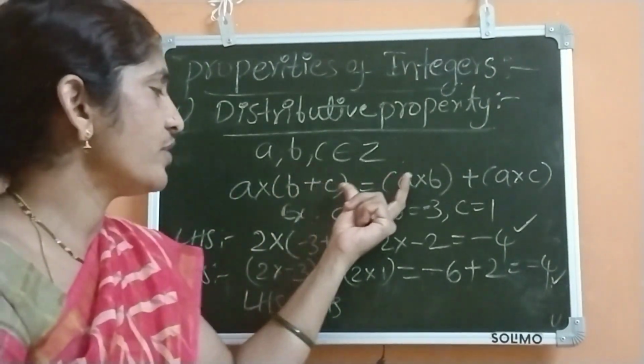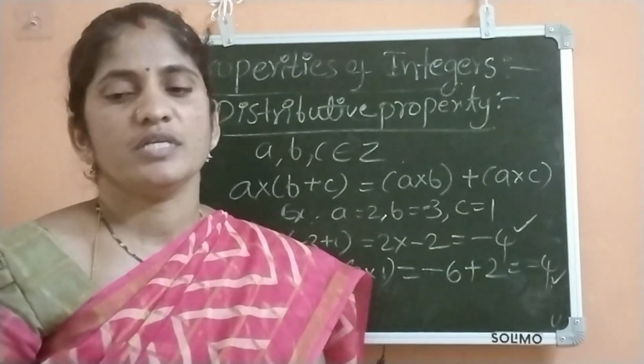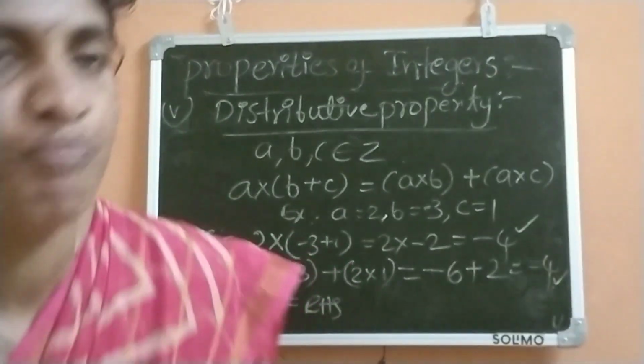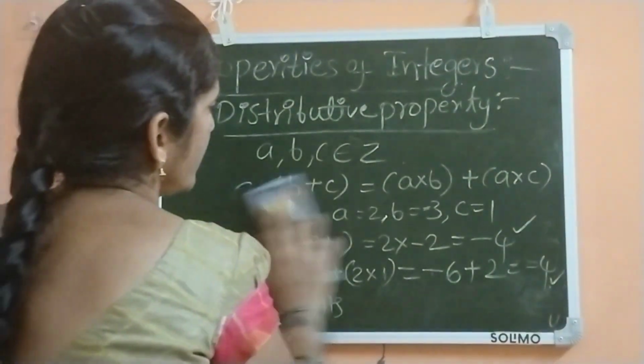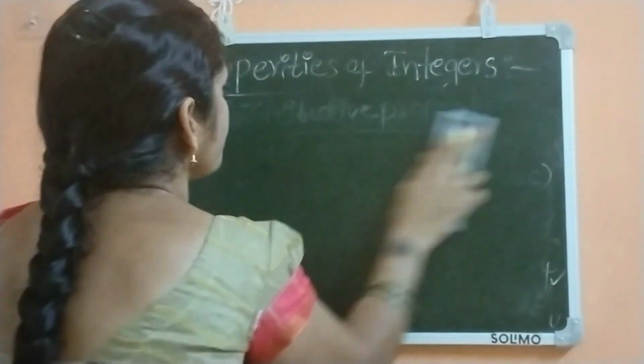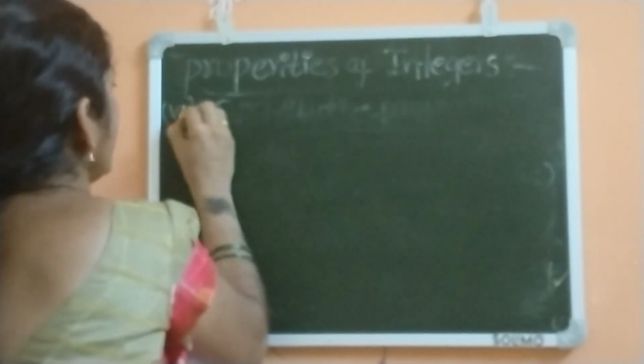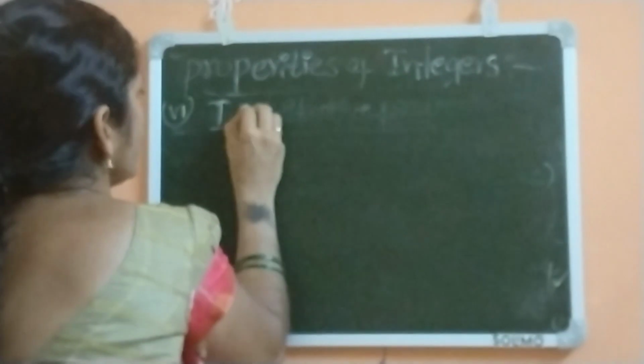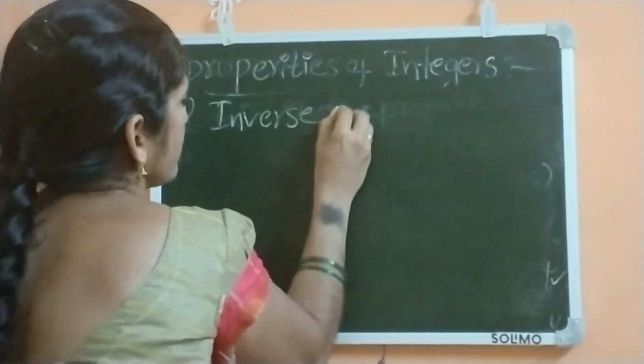By this we completed 5 properties in the integer system. Now the sixth one is the inverse property.